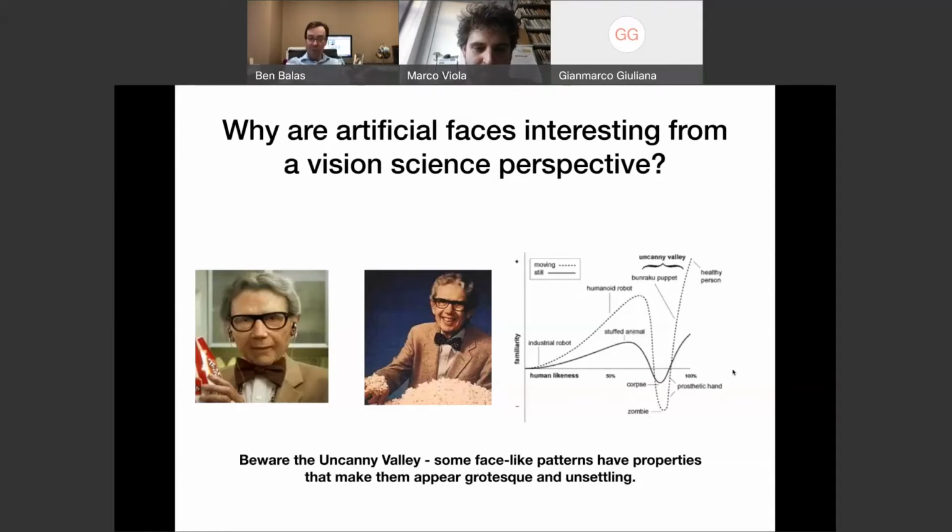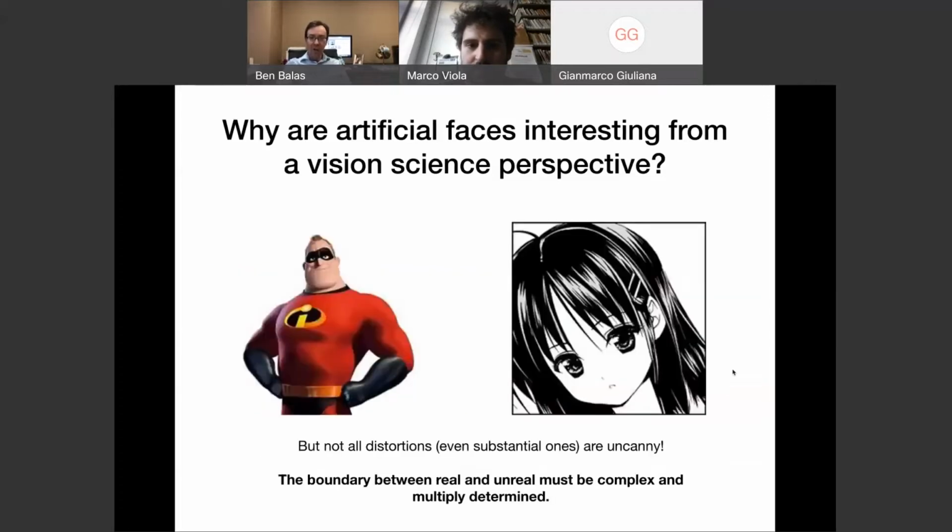On the other hand, whatever mistakes we're making here, as unsettling as they are, other kinds of distortions aren't so unsettling. So here's an example of two patterns that I'm sure you think look pretty face-like to you, that you probably think look relatively pleasant. These are aesthetically pleasing enough faces that they're part of popular media.